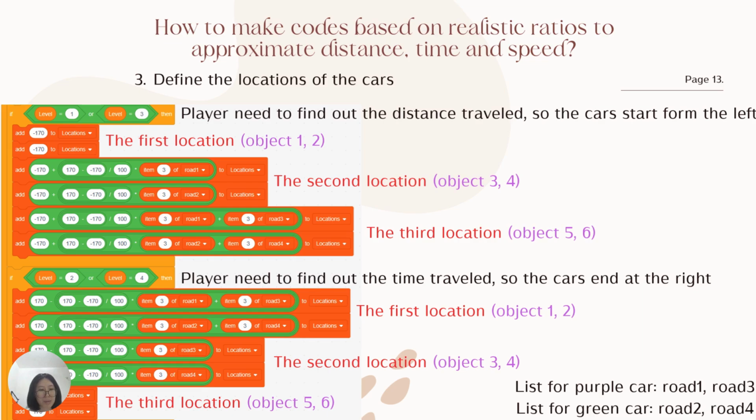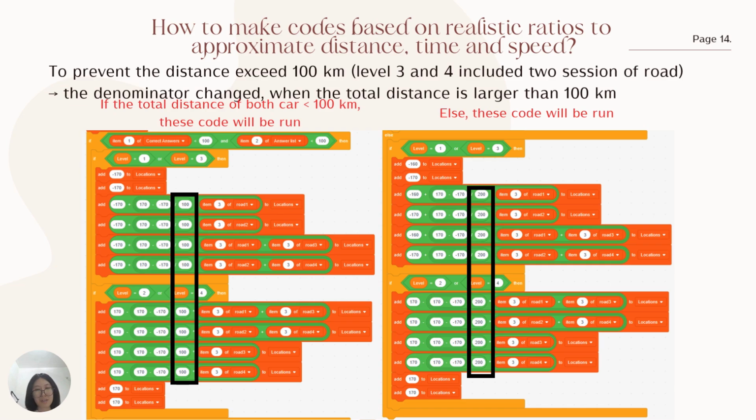So it only runs the bottom part of the code and the previous equation. It generates 6 locations respectively for the 2 cars. However, in level 3 and 4, sometimes the distance has exceeded 100 km, so the denominator has changed from 100 km to 200 km.